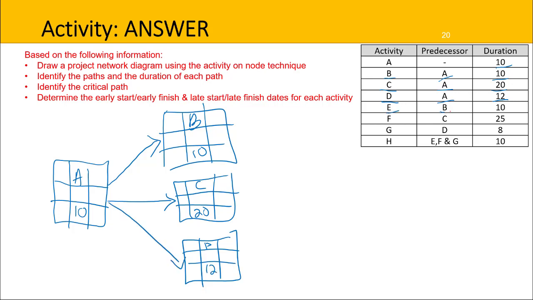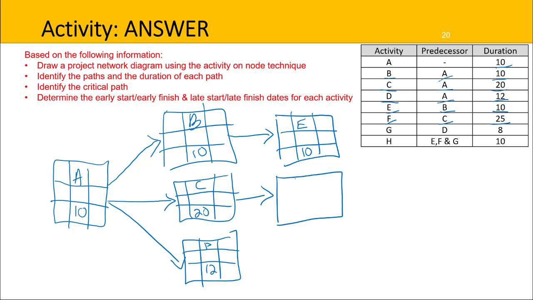E has a predecessor of B and a duration of 10. So coming from B, we go to E. F has a predecessor of C and a duration of 25. And G has a predecessor of D and a duration of 8.